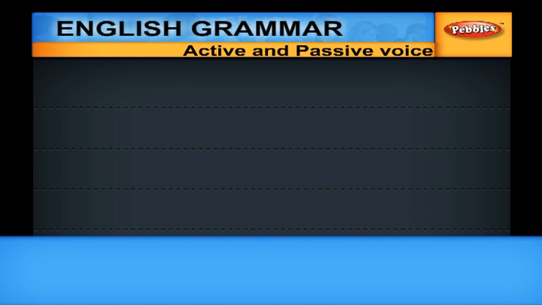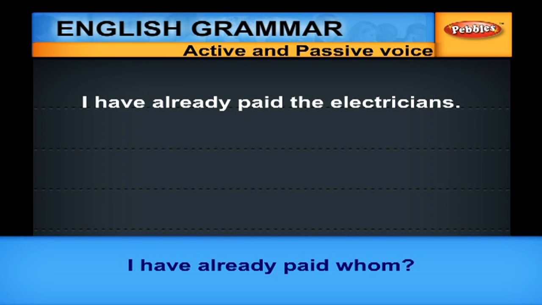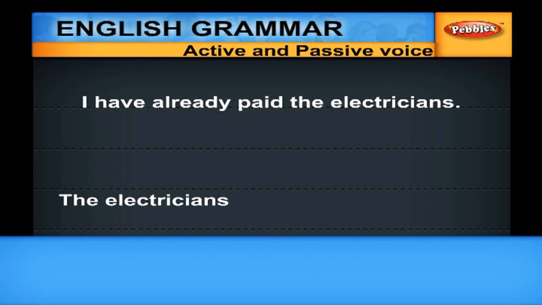Now, we will take few examples mixing all these tenses and aspects, and you try to find out whether you can answer them. I have already paid the electricians. I will tell you how it has to be done. I have already paid whom? The electricians. So, the electricians is the object.